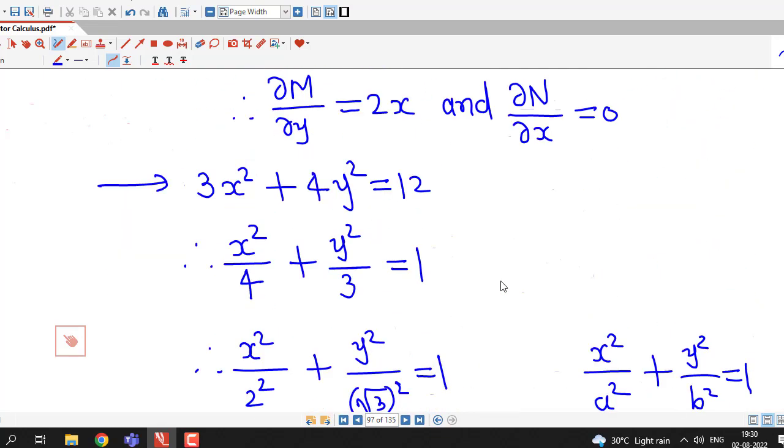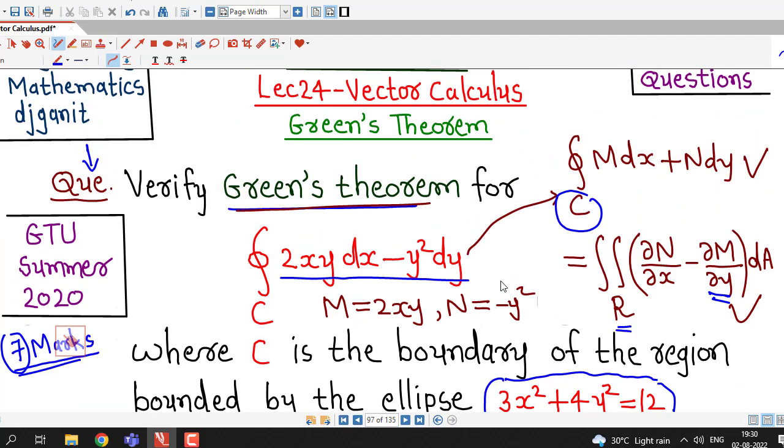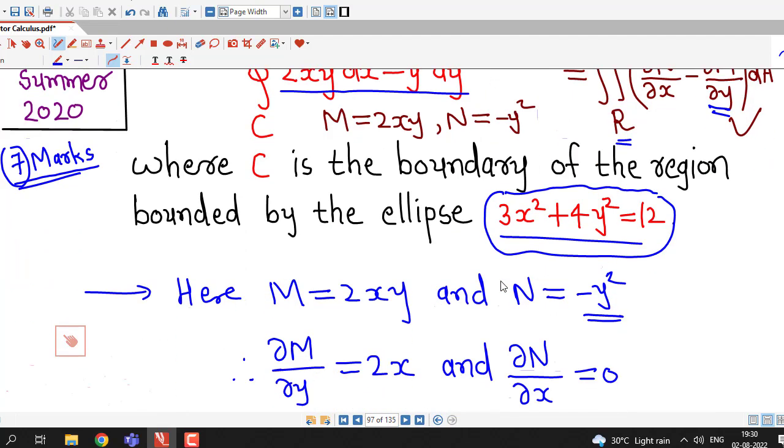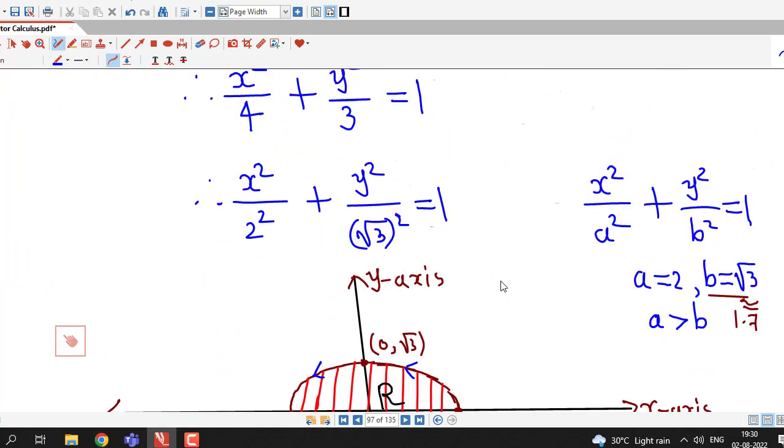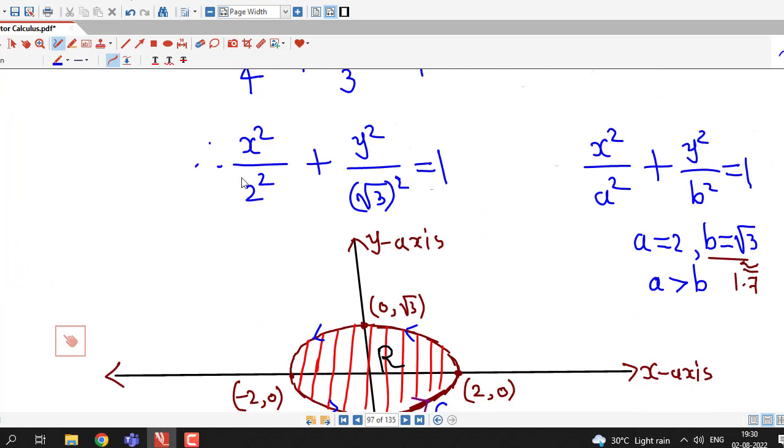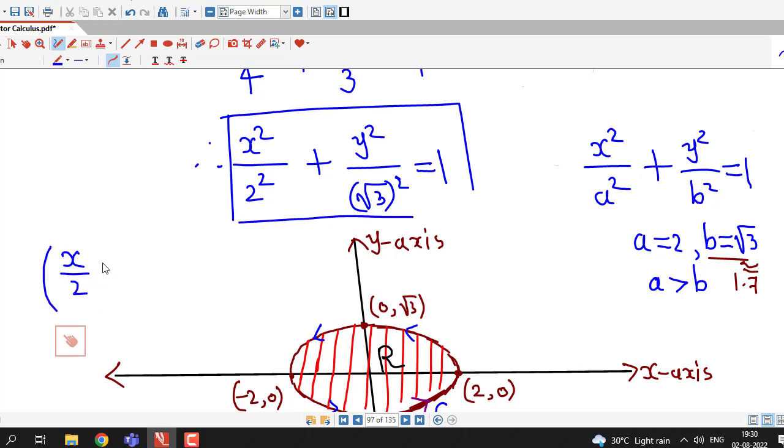Now for the line integral we have to find a parametric representation for this ellipse. For that we can write this equation in this form: x square upon 2 square can be written as square of x by 2, and similarly this I can rewrite as square of y divided by root 3, equal to 1.